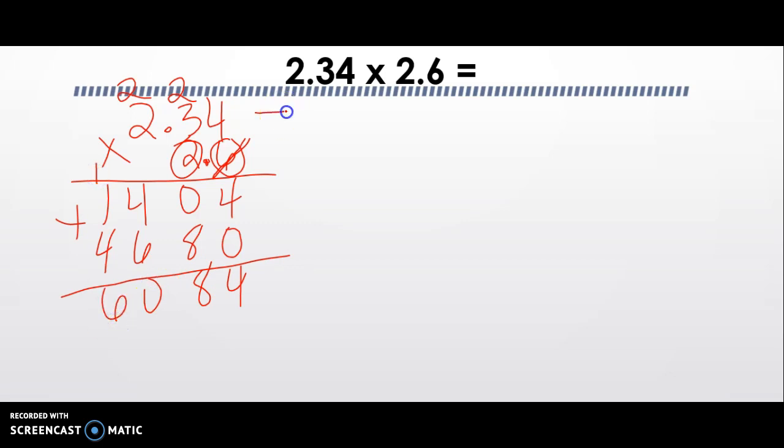Okay, then I look and see how many digits are behind a decimal in the first number and how many in the second number all together. So 1, 2, 3. And if you're going to do the area model, I'm looking at 234. Remember to set up your area model, set the numbers up like the decimal is not there.